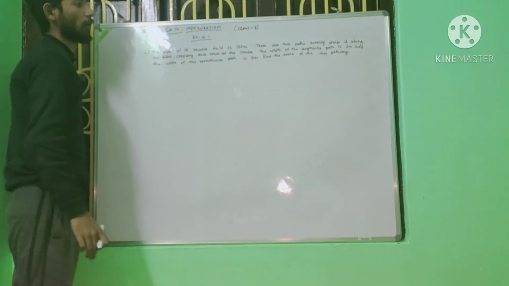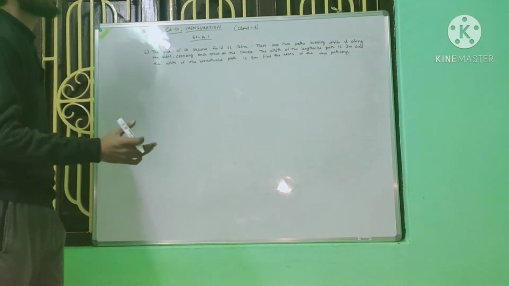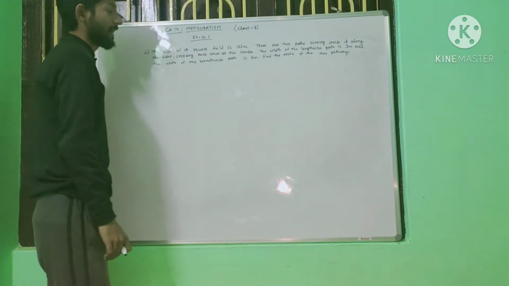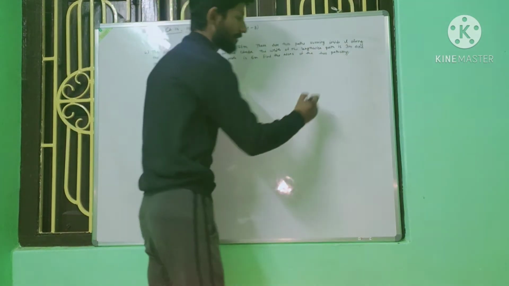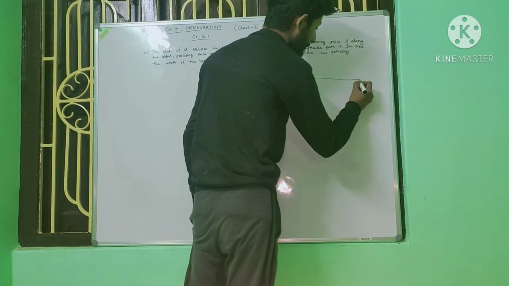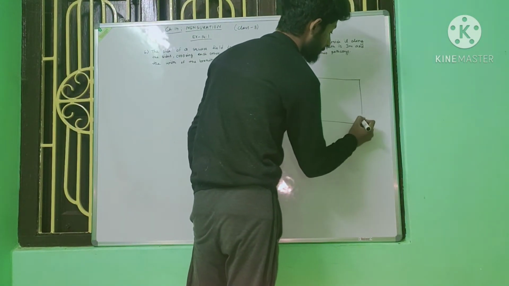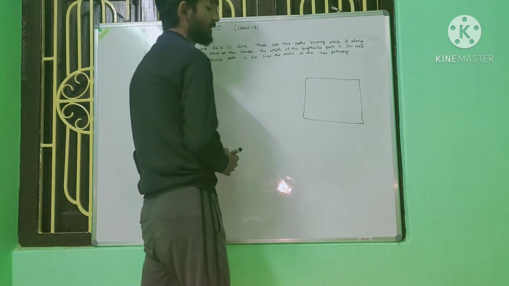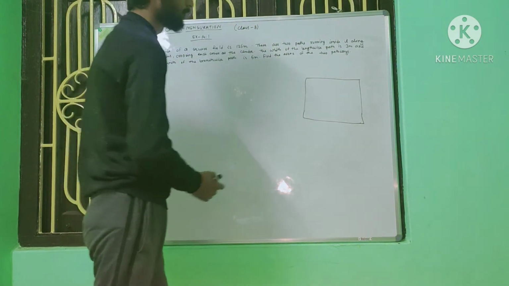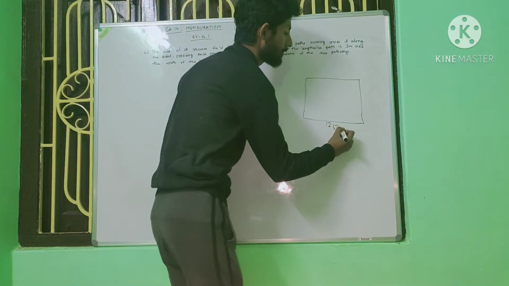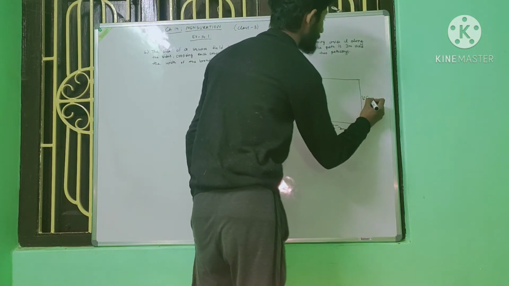Now you can see here the sides of the square field is 125 meter. There are two paths running inside it along the sides, crossing each other at the center. So we will draw a square. Now in this square, what is written? It is 125 meter and it is also 125 meter.